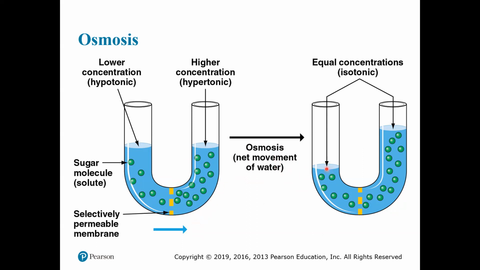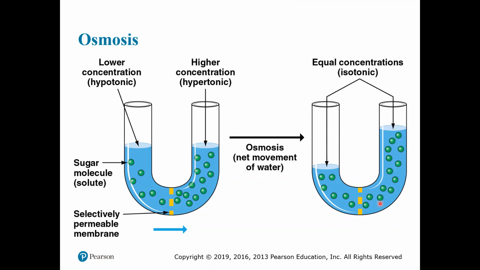Over time, more water will move to the right-hand side, causing the water level to rise in this U-shaped beaker. The water will continue moving from left to right until the water concentration is equal with the solutes in that solution. For example, in this right-hand figure, there are now equal solute concentrations compared to water molecules.